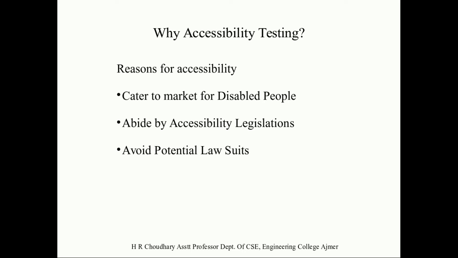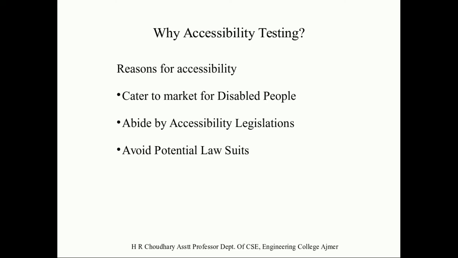These acts have been developed to provide protection to disabled people. To obey these acts, or to avoid legal discrimination, we implement accessibility testing. Accessibility testing is important to ensure legal compliance.